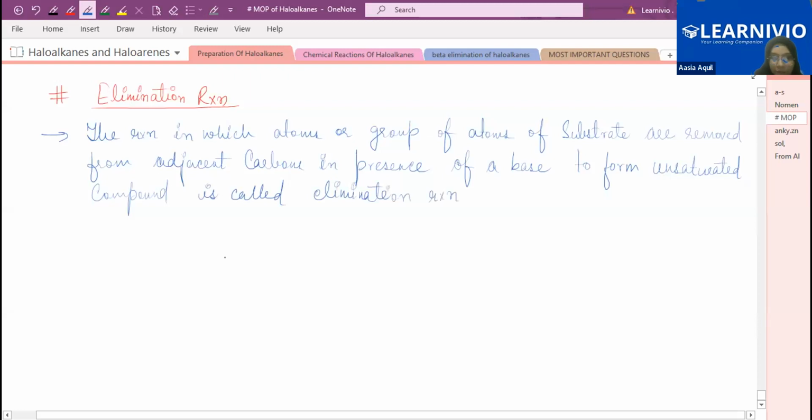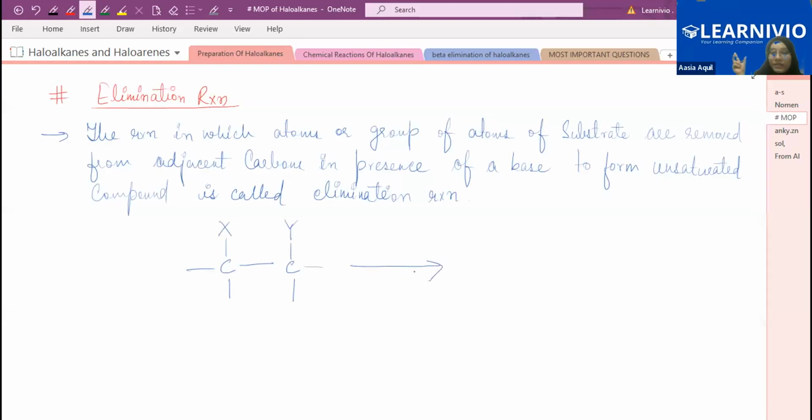Suppose, see this group, इस कार्बन पे आपका any X atom is there and any Y atom is attached to the next carbon. And this is your elimination reaction. So basically, what is elimination reaction? You are supposed to remove some group of atoms or only one atom. And what will be the product? Elimination reaction में product क्या बनता है? Unsaturated compound बनता है. Unsaturated के लिए आप double or triple bond use करते हो.